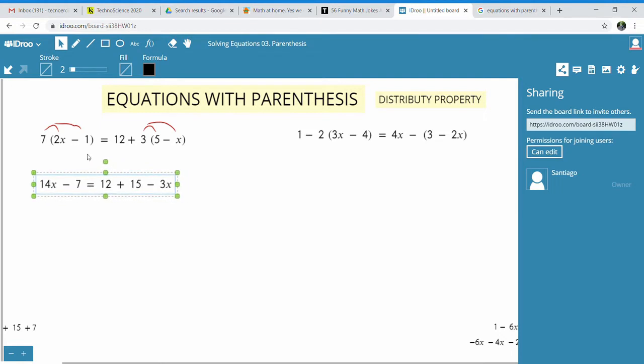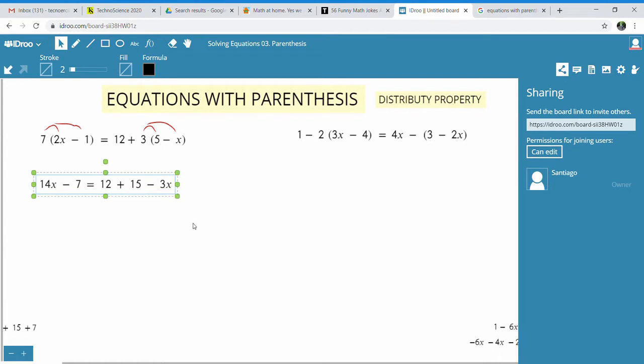Minus 7 equals 12 plus, and now this, 3 times 5, 15. 3 times minus x, minus 3x. You are multiplying 3 times minus x. Multiply the signs, plus times minus, minus. Multiply now 3 and x, 3x. Because you know that 3x is 3 times x, right?